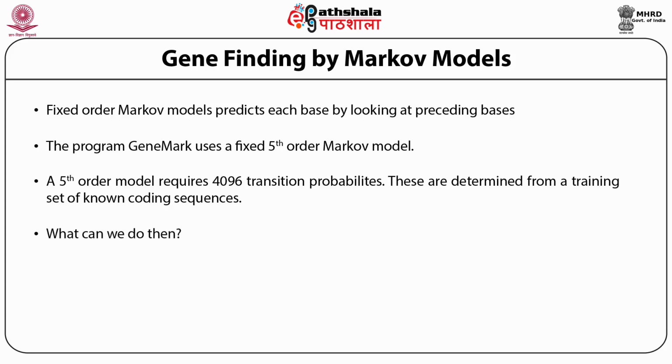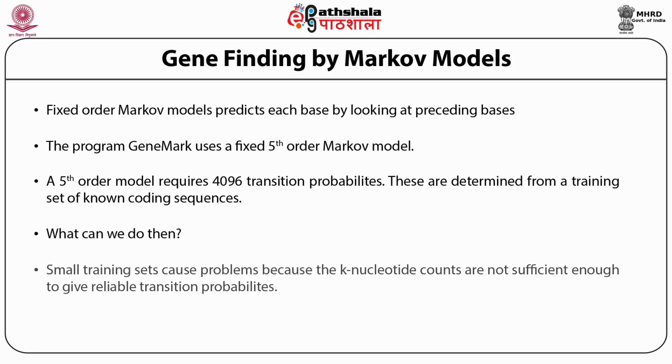Now, while this might work, there are certain problems. Think about it. There are only 4 single bases. There are 16 dinucleotides, 64 trinucleotides, 256 tetranucleotides, and 4096 pentanucleotides.